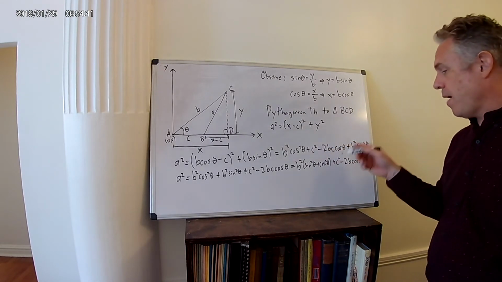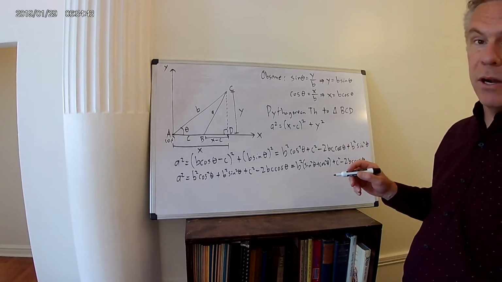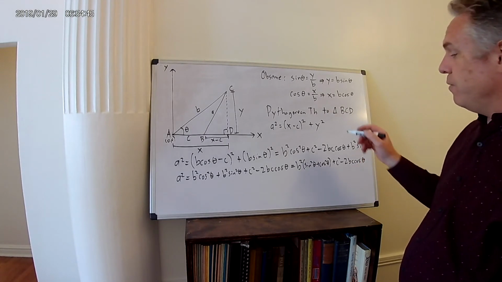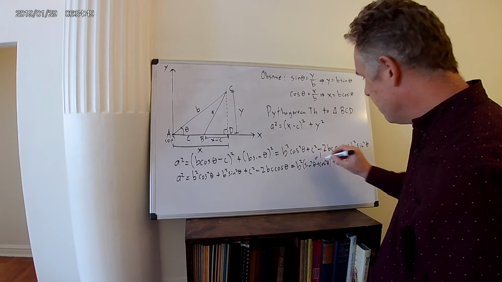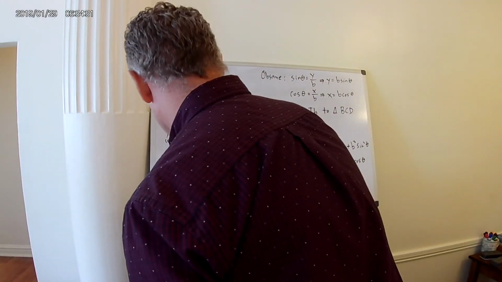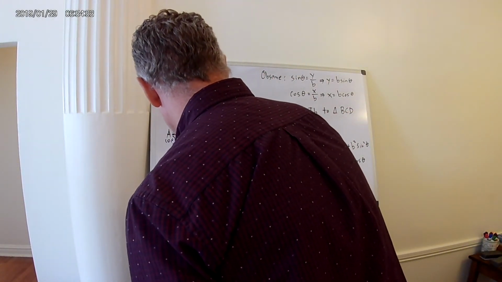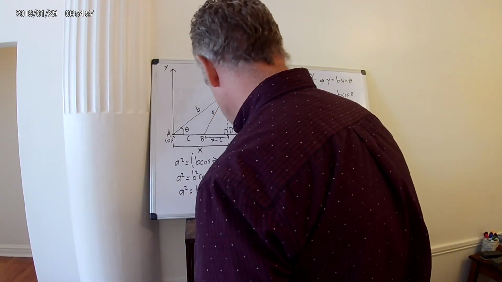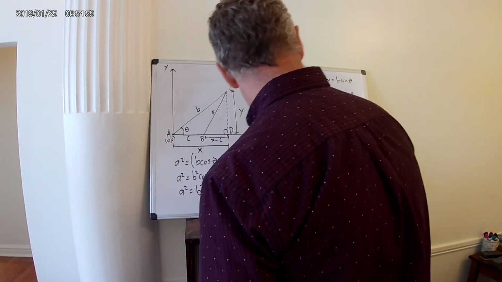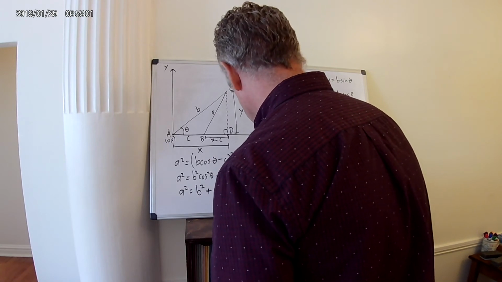This is the Pythagorean identity for sine squared plus cosine squared of theta. If you guys remember, this is just 1, right? This equals 1. And so that means I get this equation. A squared equals b squared plus c squared minus 2bc cosine of theta.